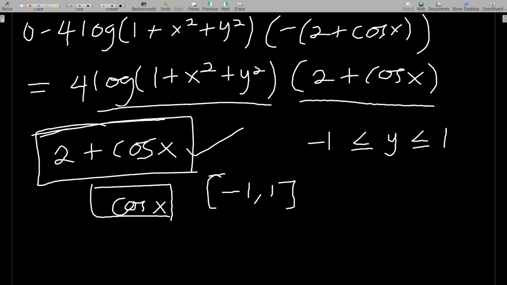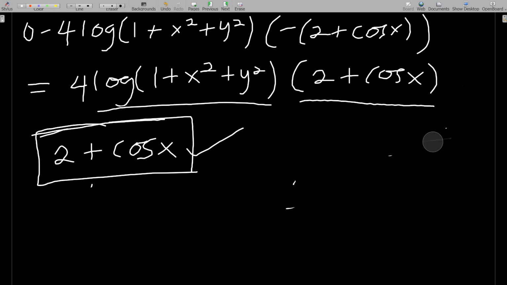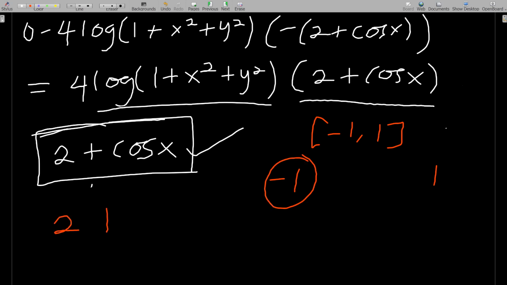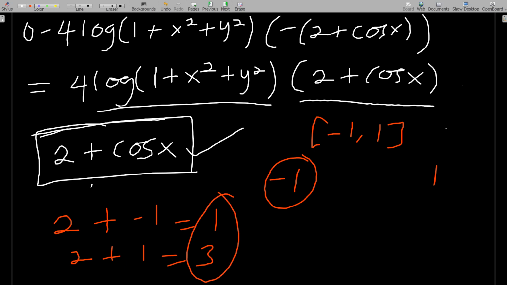So even if in that cos expression we have 2 plus something, the cos can go as far as 1 and can come as low as -1. Let's take the lowest one: 2 plus -1 will be 1. And if you have the highest one, 2 plus 1, which will be 3. All of these are positive. I hope you understand.